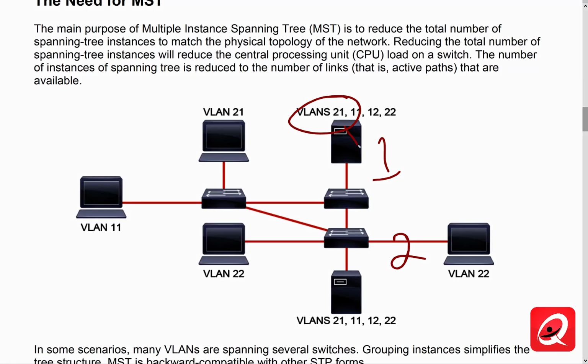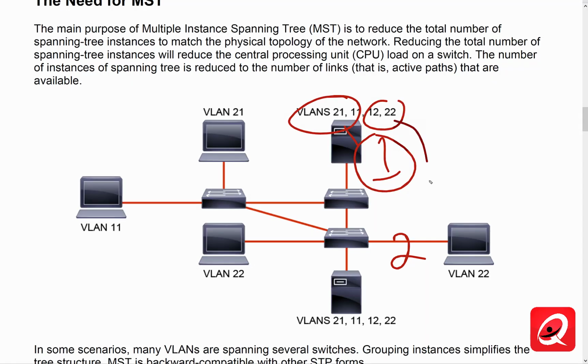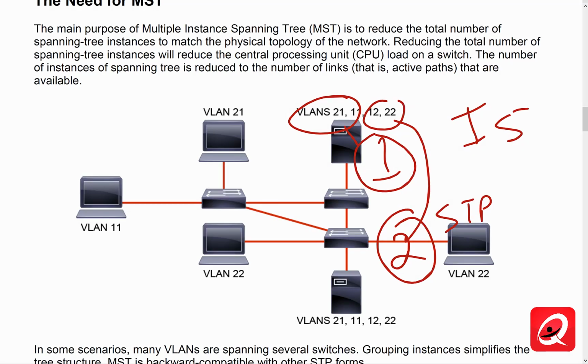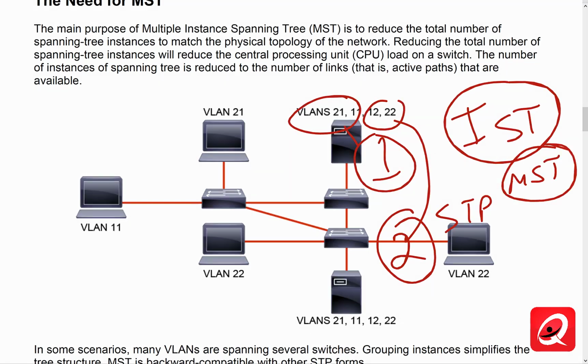We'll associate the VLANs to the instance, and we'll run spanning tree per instance. So now, instead of running 5 separate instances of spanning tree per VLAN, we're only running 3 instances. We still have the common spanning tree instance, or what we call the IST in MST. And then we have our individual MSTs that we created.